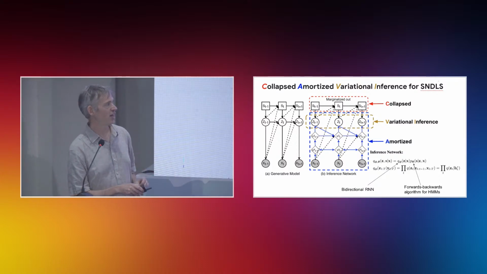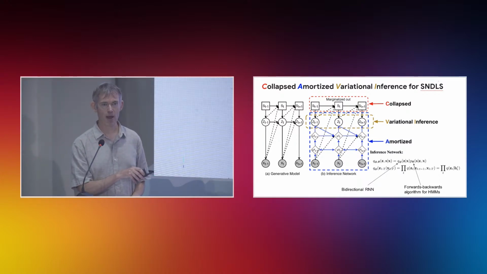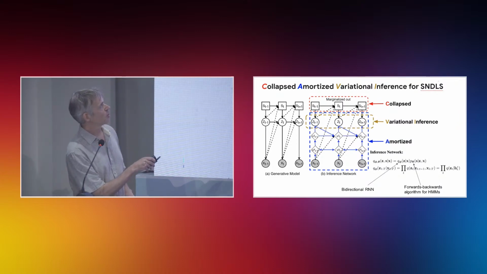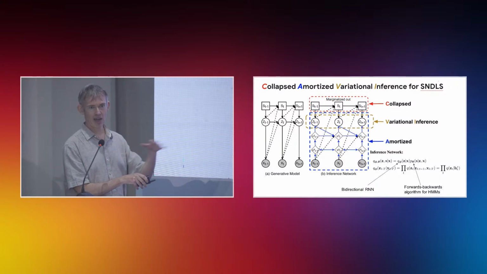So the key insight of our paper is that the discrete states can be marginalized out analytically using the forwards-backwards algorithm, which is a closed-form dynamic programming method. So if you know the z's, which you can get by sampling from your inference network, then these become observed variables. So conditional on the z's, the s's can be collapsed out.